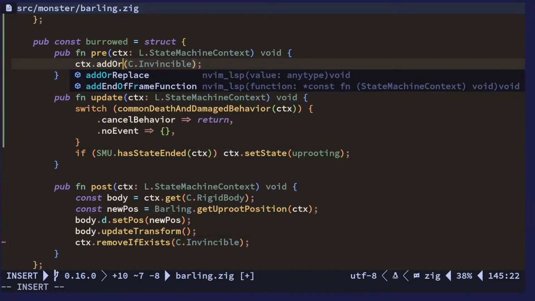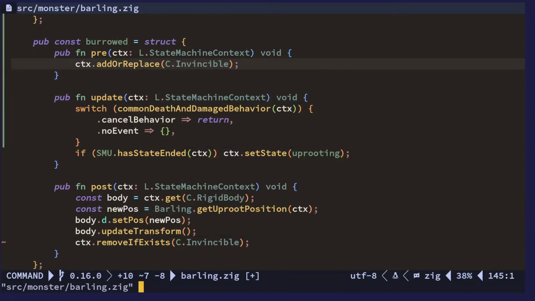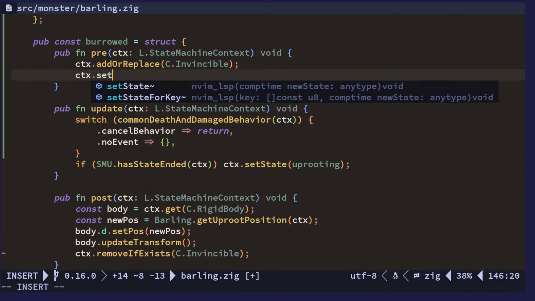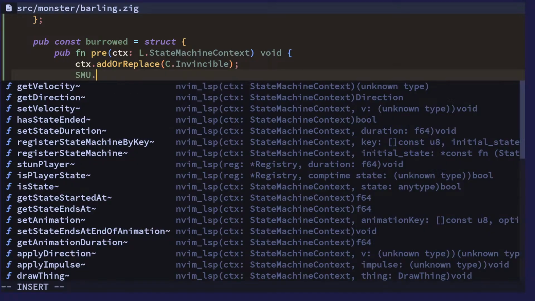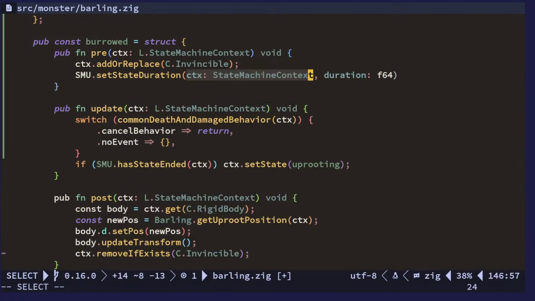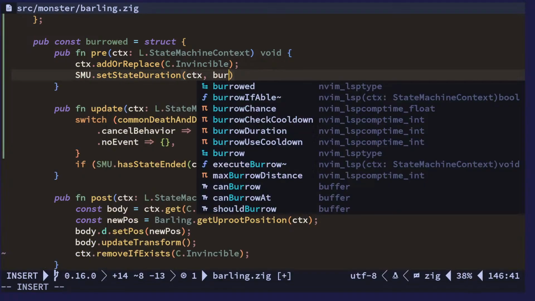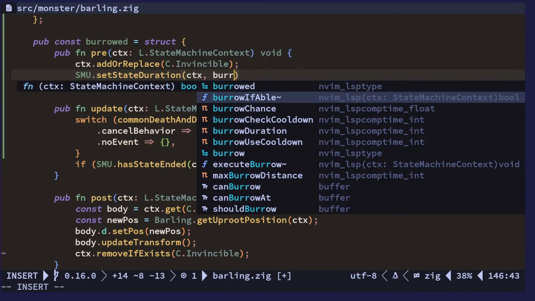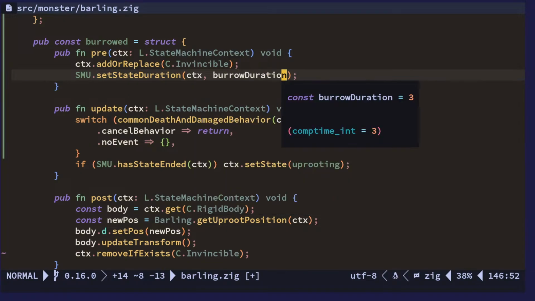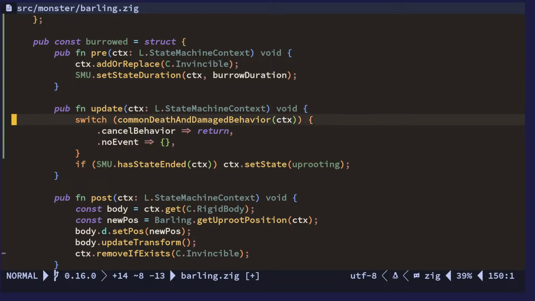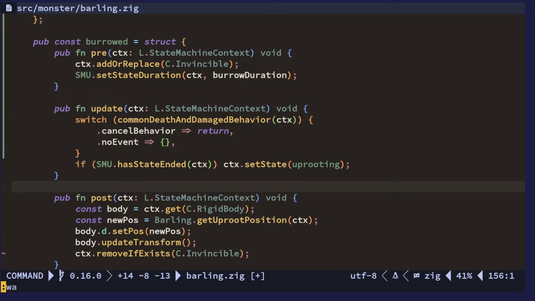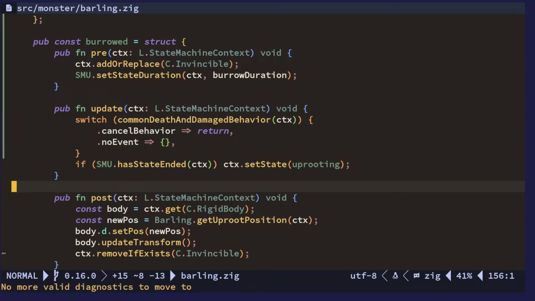Add or replace, and then we also set the duration to be burrow duration, I guess. Yeah, and then it goes to uprooting. Okay.